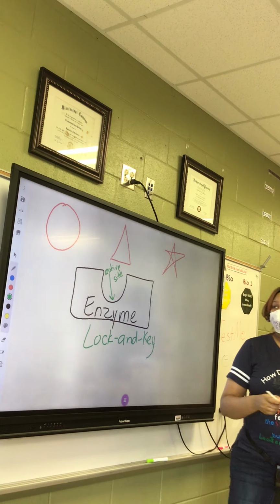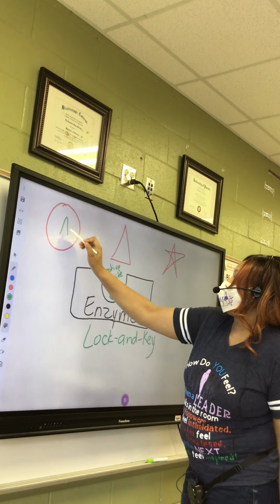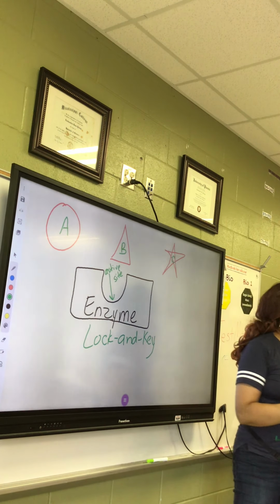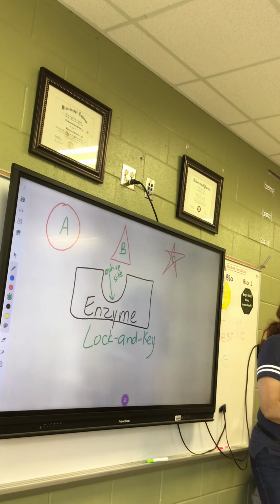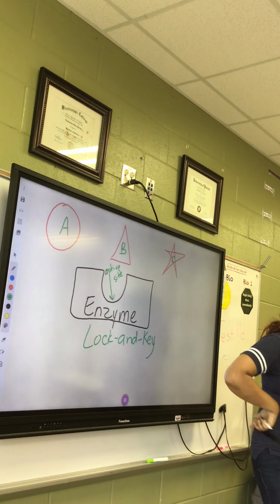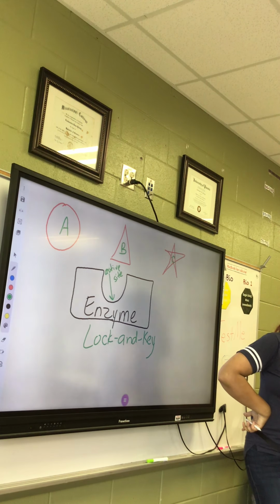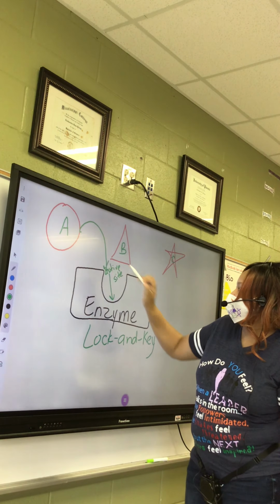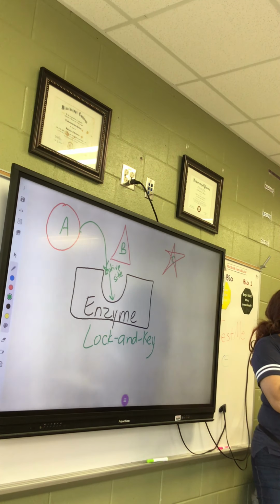So which one of my 3 substrates, A, B, or C, will actually fit the active site? A. You said definitely C. I tried it. It didn't fit. All right, so definitely A will fit the active site.